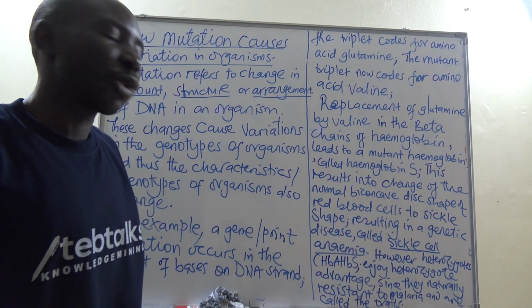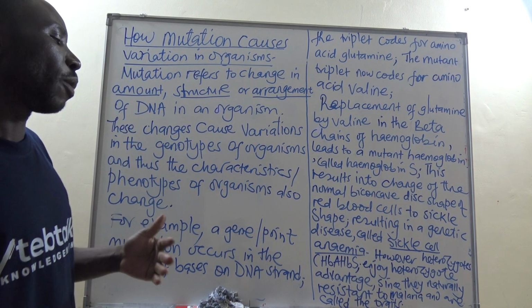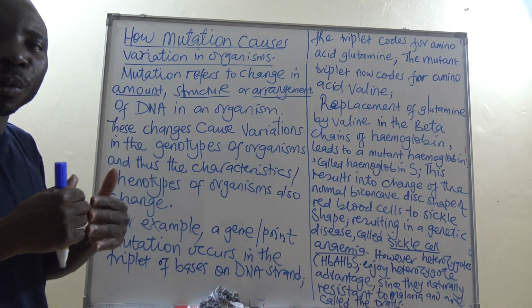So individuals who have what we call sickle cell trait are the heterozygotes.